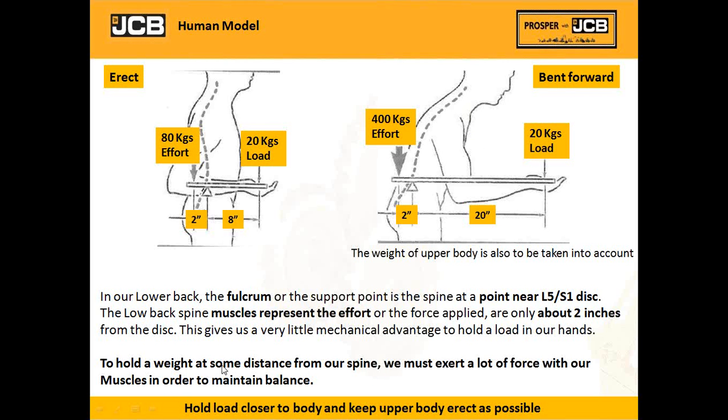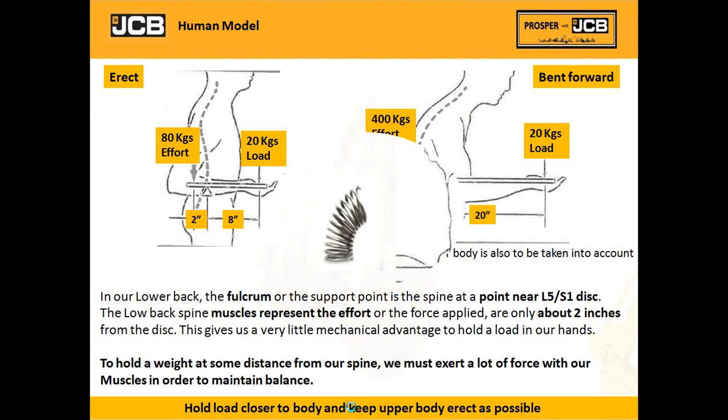So to hold a weight at some distance from our spine, we must exert a lot of force. That is why it is said to hold the load closer to the body and keep your body upper and erect as far as possible. Now you can see, if you are lifting with a bent back, what is going to happen.